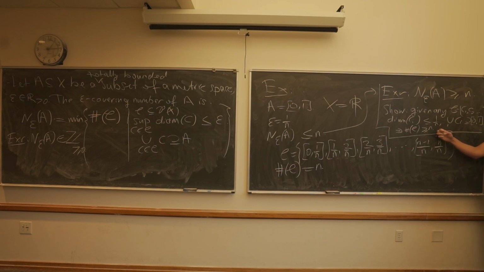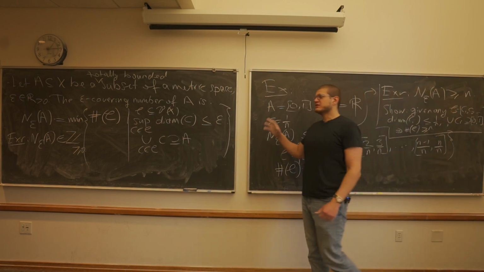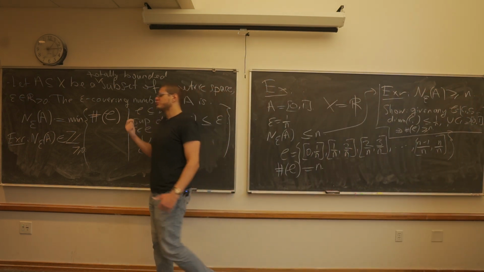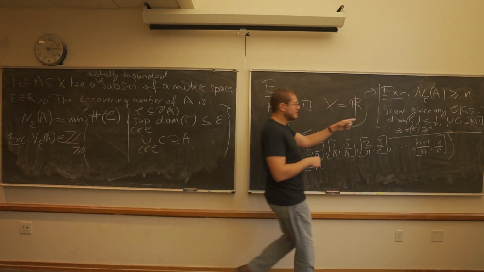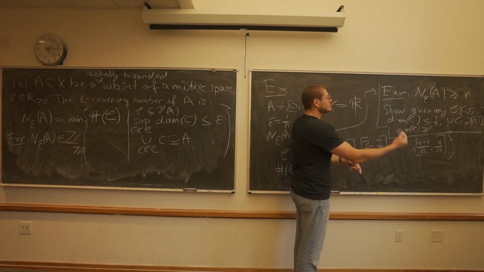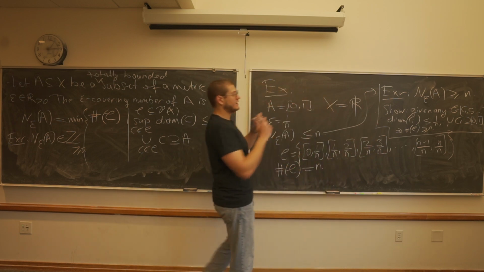The ultimate idea here is that you can say something like this. If I take the union of all the cells in C, that's going to cover the interval, which means that there's at least one cell in the collection that covers 0. If it covers 0, and its diameter is at most 1 over n, it cannot cover any number larger than 1 over n. So I need to have another element and so on.